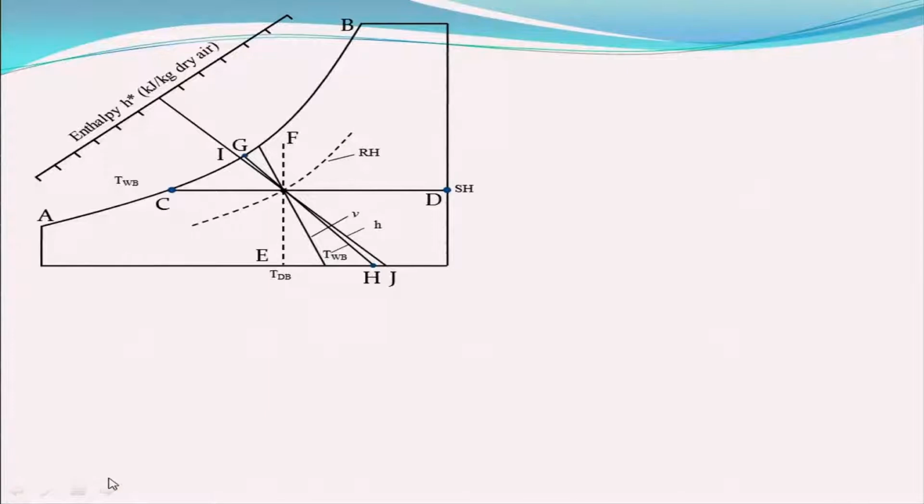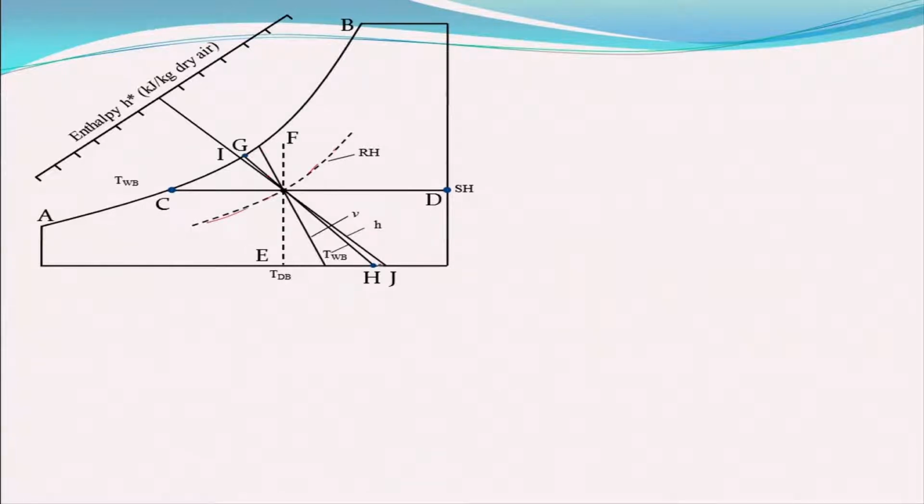Now just to illustrate a little further, the specific humidity remains constant along this line, which is parallel to the temperature axis. This dashed line is relative humidity, and this line will give me enthalpy.